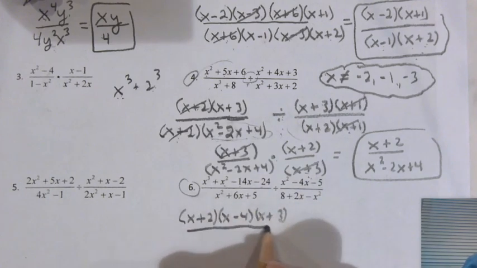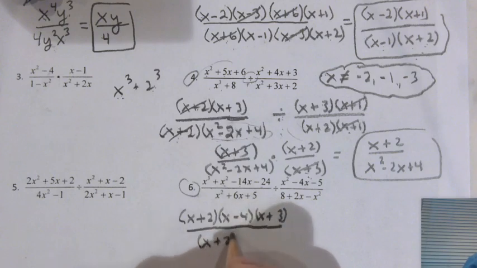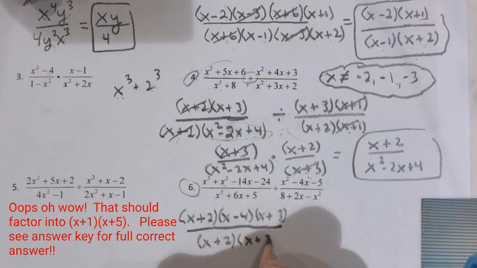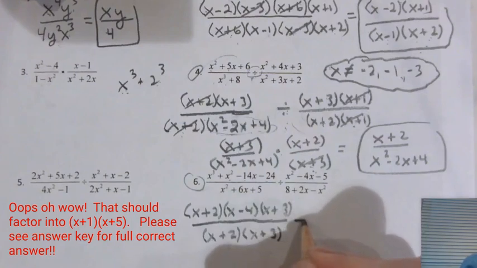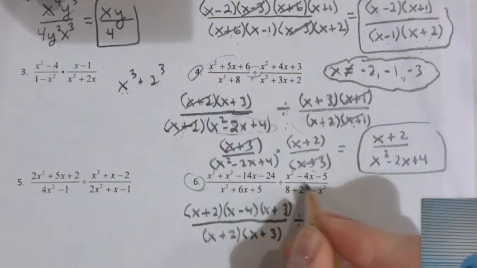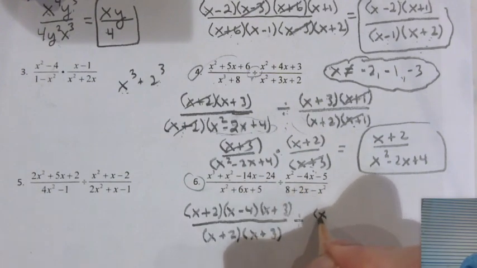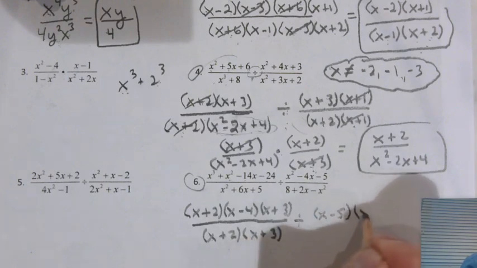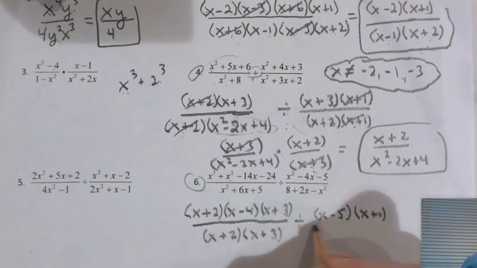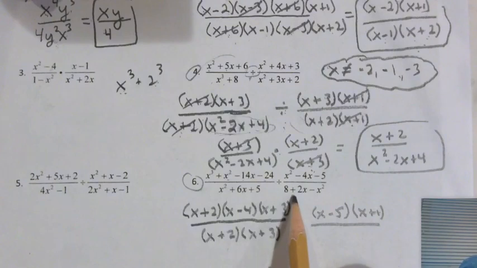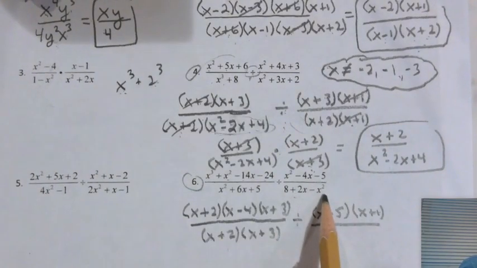The bottom is a little easier to factor. We get x plus 2, x plus 3. And then we're going to divide by, this one gives us x minus 5, x plus 1. This one, I don't really like this one. The leading coefficient is negative.